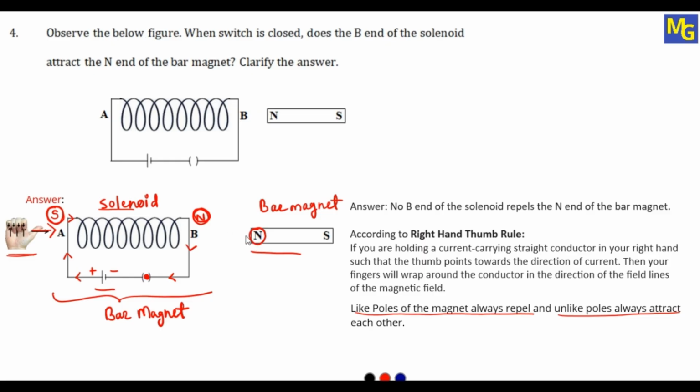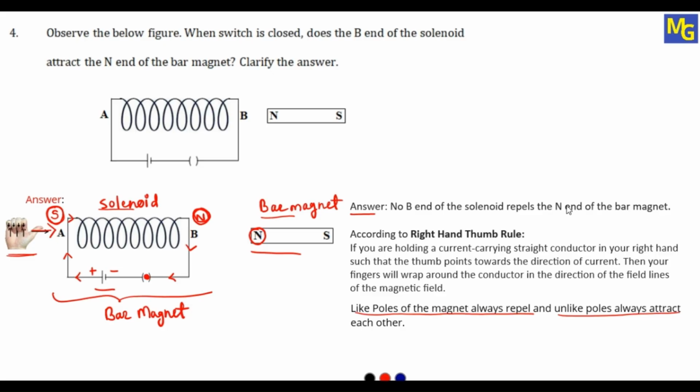So when they come close to each other, they will repel. So here the B end of the solenoid will repel the N end of the bar magnet. So that is the answer we have to write. Answer: No, the B end of the solenoid repels the N end of the bar magnet.